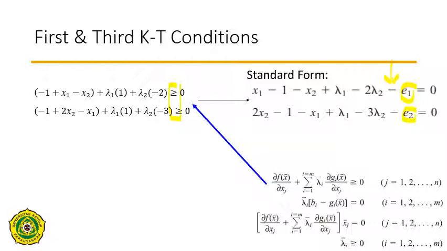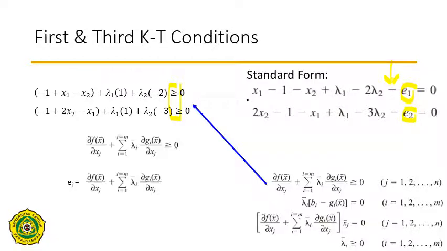And then now if we look closely, you can see that this part is the first K-T condition, this one, right? That's what we did for the first K-T conditions. And then this is greater than or equal to 0.